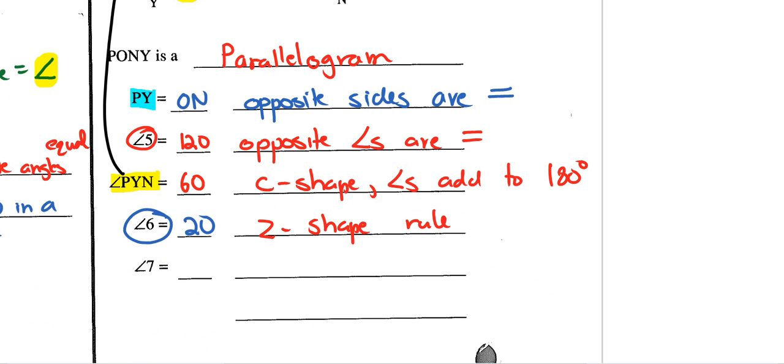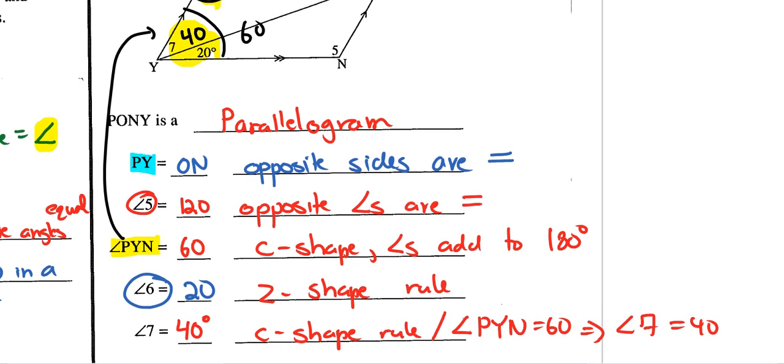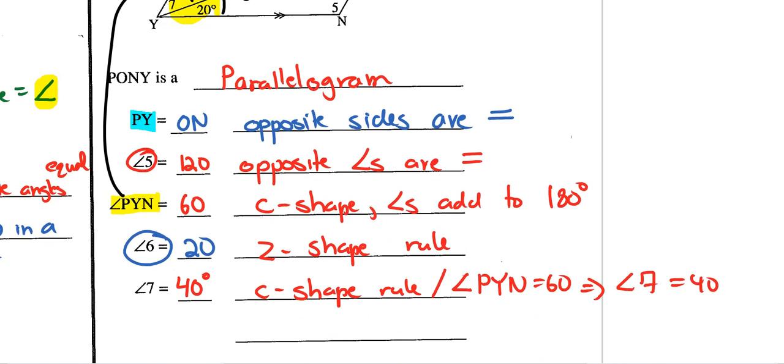So for angle number 7, we know that's going to be 40 degrees, and we can say the C-shaped rule, or we could also say that we know angle PYN equals 60 degrees, so that implies that angle 7 has to be 40 degrees because 40 plus 20 is 60 degrees. Okay, so sorry, I went through that question a little bit quickly, but those are some of the rules for a parallelogram. All right, let's move on to question number 4 now.